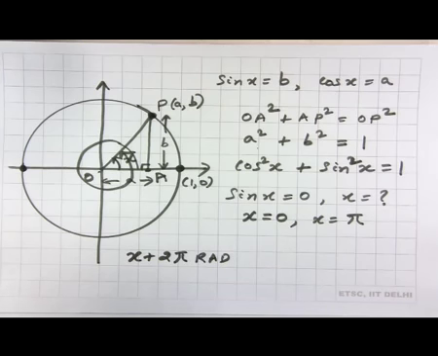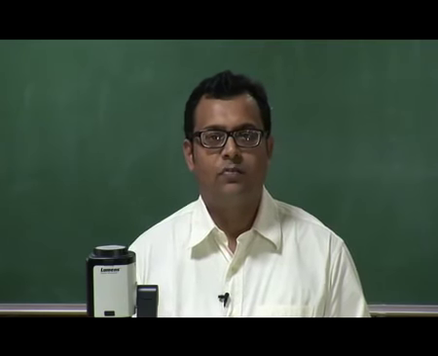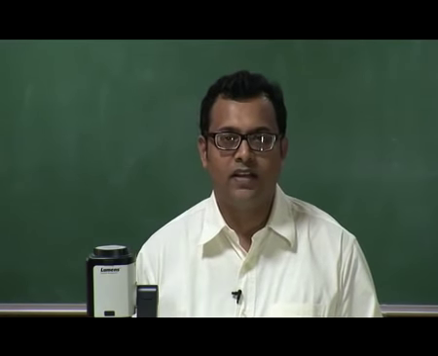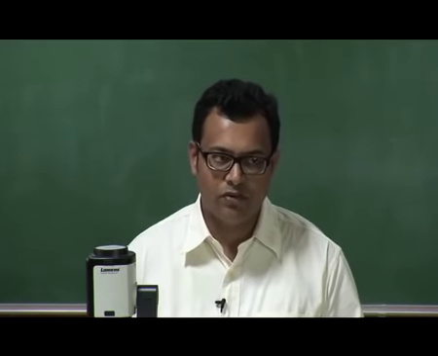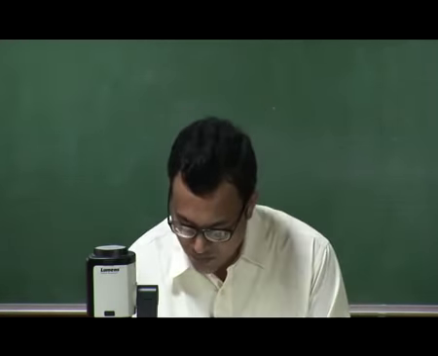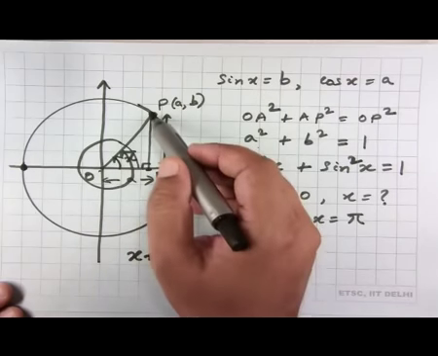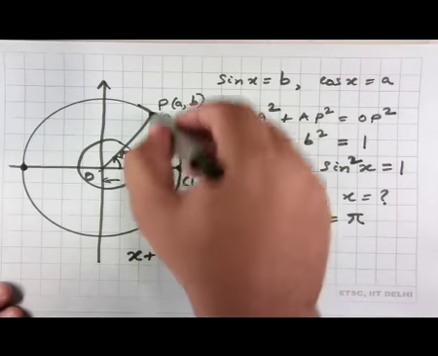The same thing will happen if we see x plus 4 pi or x plus 6 pi, because adding 2 pi radians is just going one complete revolution, and when you go one complete revolution, we basically come to the same point on the circle.